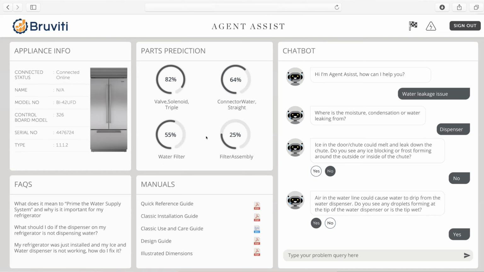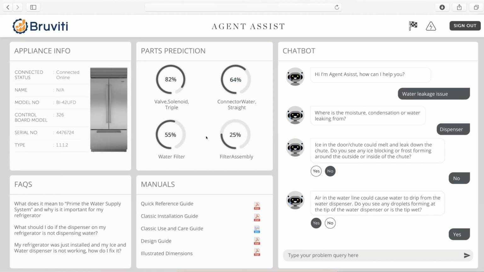Before, when I talked about Agent Assist, Tech Assist and Customer Assist, each of those products can have a parts prediction capability. It's more relevant, I think, for the agent who's working with a customer who's calling in.